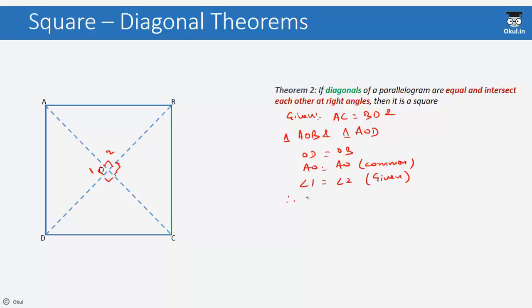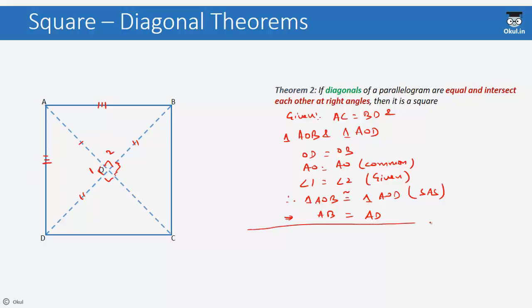Therefore, by SAS congruency rule, I can say that triangle AOB is congruent to triangle AOD. Hence, the corresponding sides are equal, which implies that AB is equal to AD. Hence, we prove that all sides of the particular parallelogram are equal.